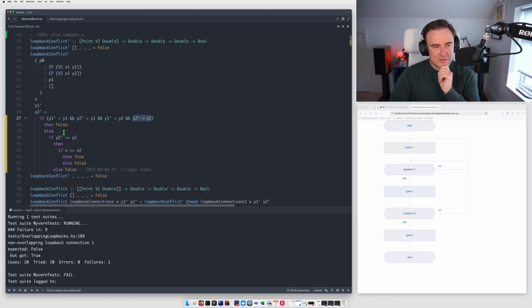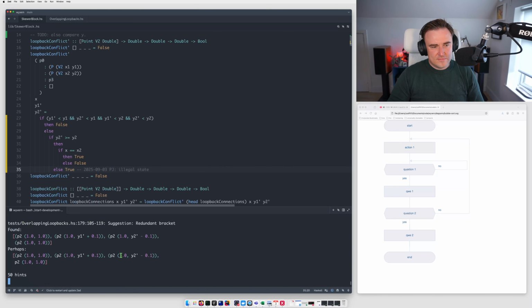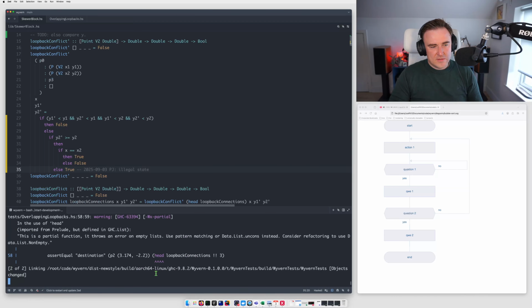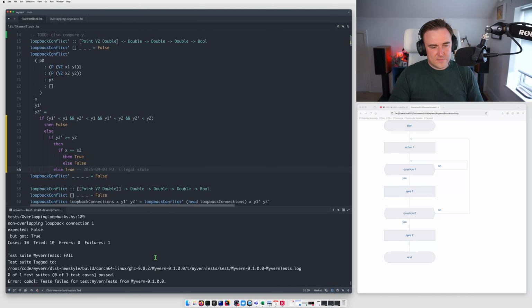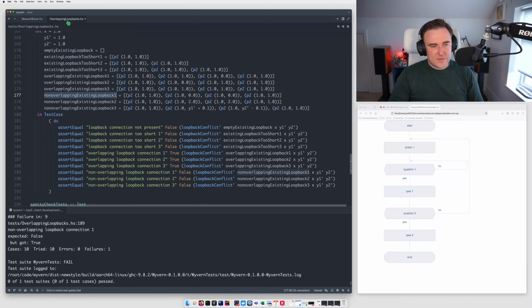We'll go here. y2 prime is lower than y2, so false. Let's just quickly test it. We crash in 189. Same thing.